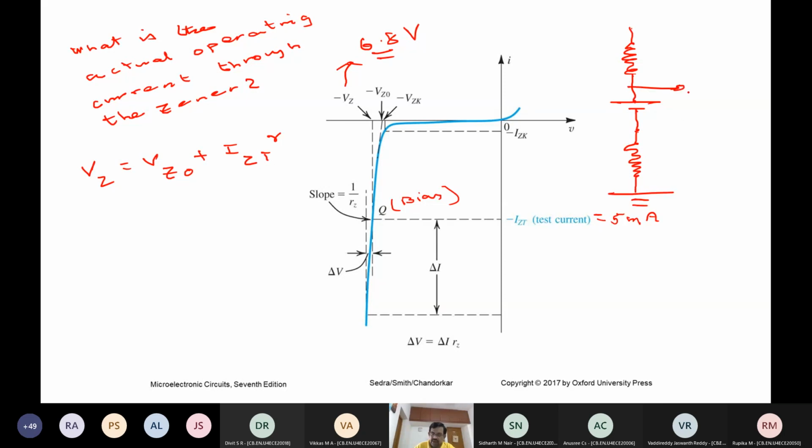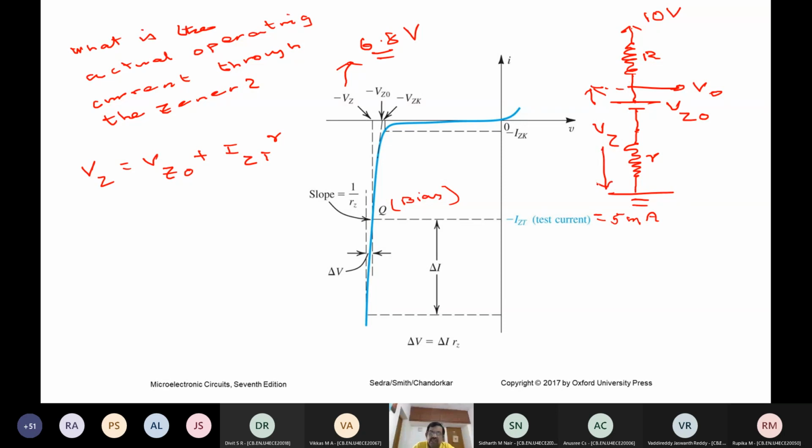Here I am taking the output, and this one is my series current limiting resistor with the input at the nominal voltage 10 volt. So I am not considering any ripple in the supply, and this fellow is my small r. And what is this value? This value is my VZ naught, from the model that we discussed in yesterday's class. So this is my VZ.